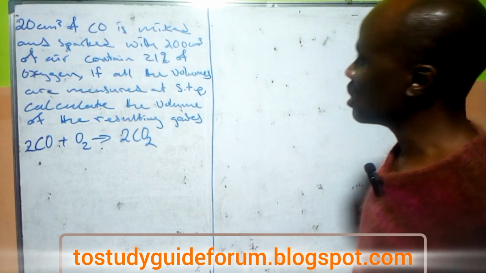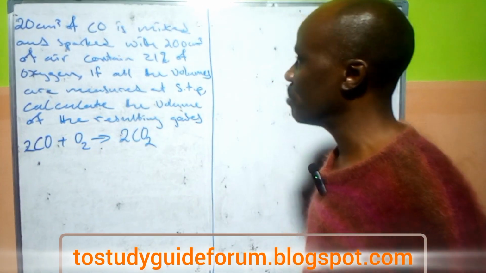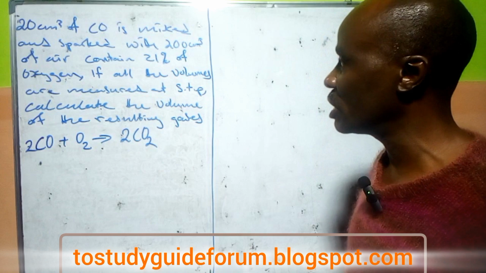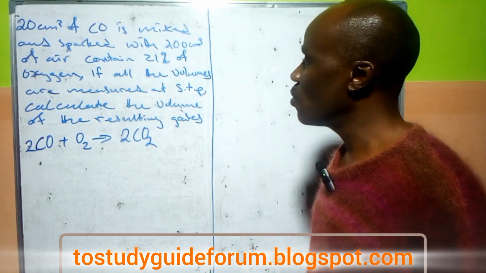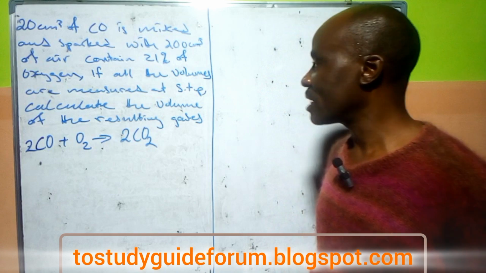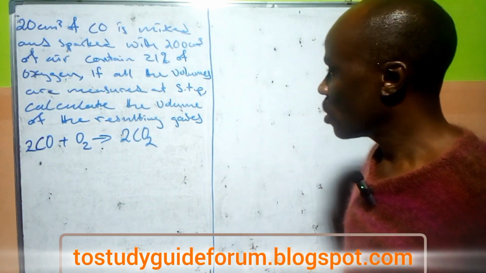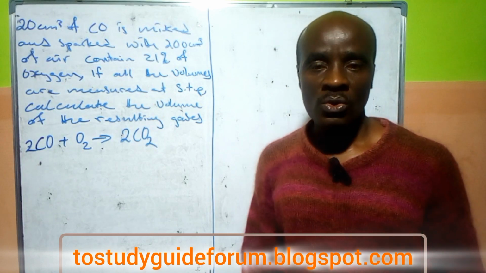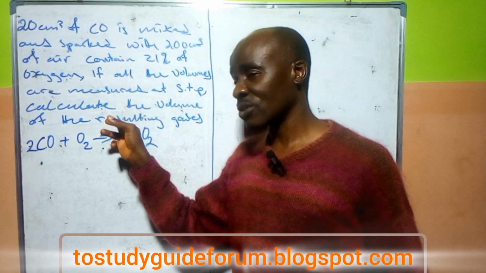So in this question, it said that 20 cm cube of carbon 4 is mixed and sparked with 200 cm cube of air containing 21% of oxygen. If all volumes are measured at s.t.p, that is standard temperature and pressure, calculate the volume of the resulting gases. One thing you should know is that they're talking about resulting gases.